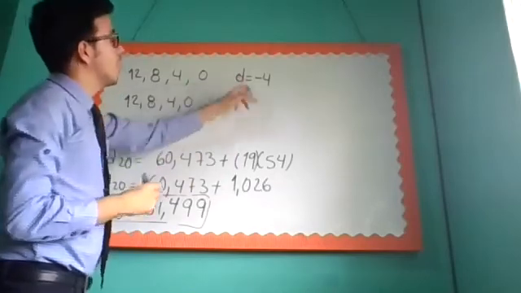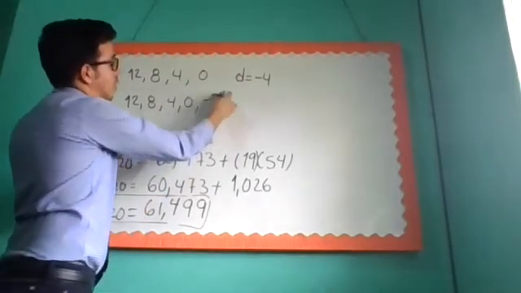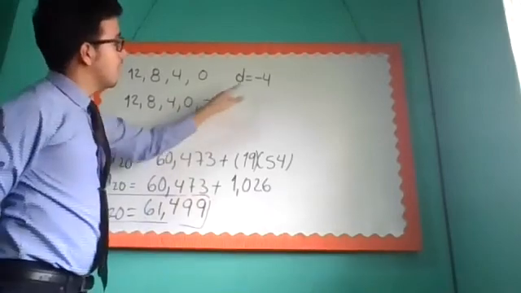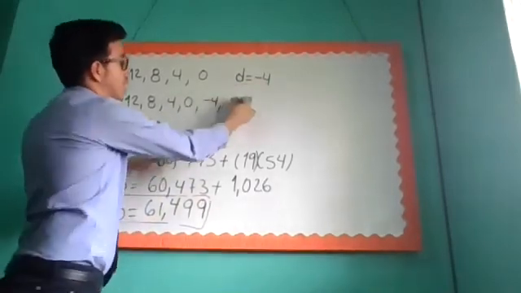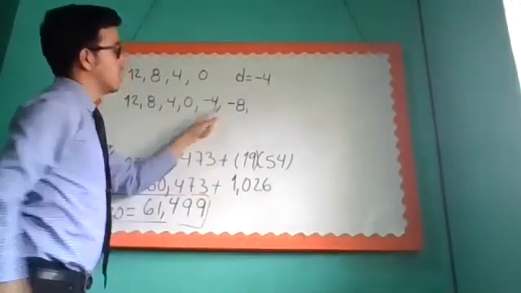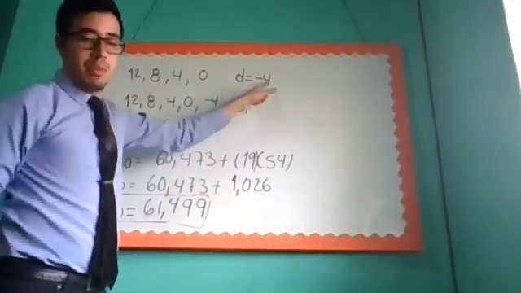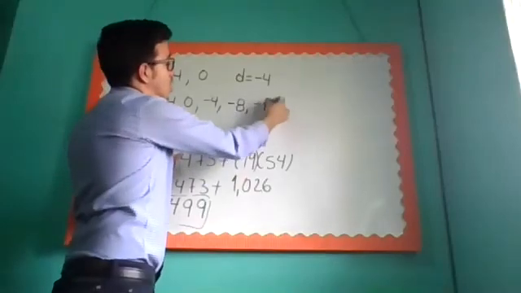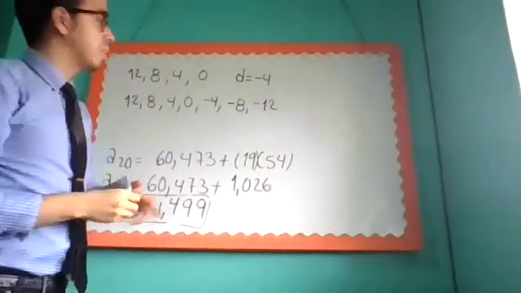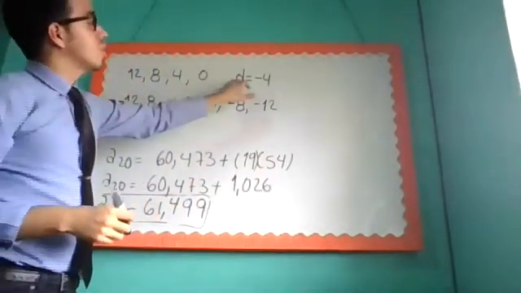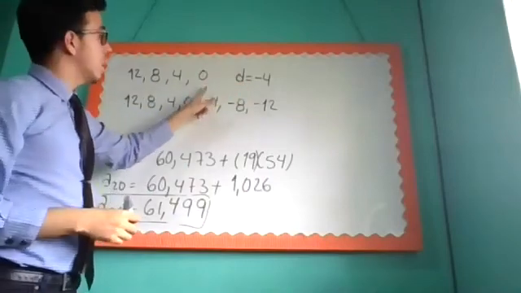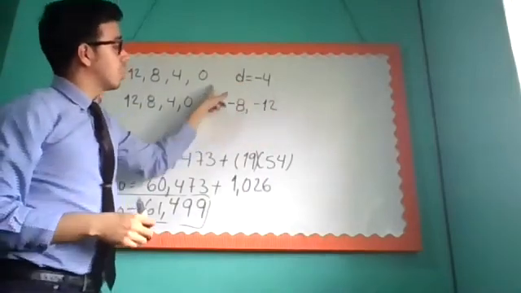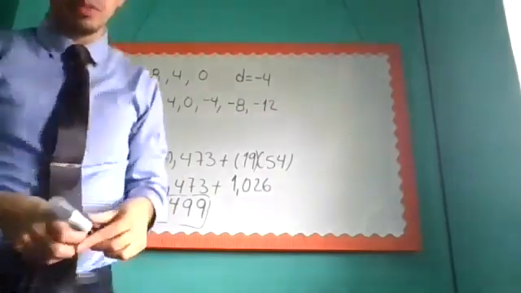So 0 minus 4 is -4. -4 minus 4 is -8. -8 minus 4 is going to be -12. So that's the reason why they obtain these terms in here. First, you obtain the common difference, and later you obtain 3 more terms of the sequence.